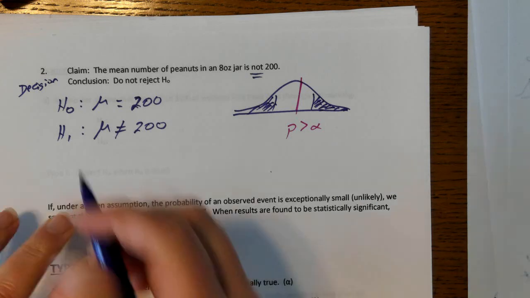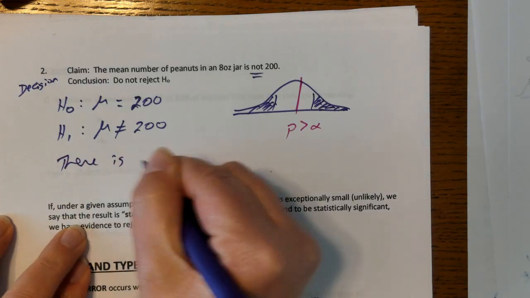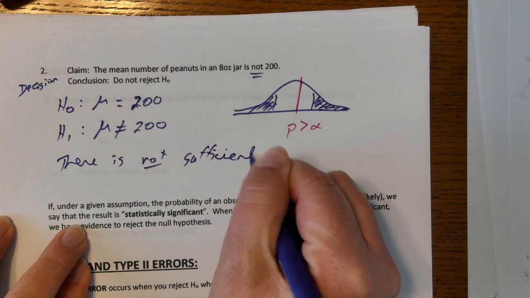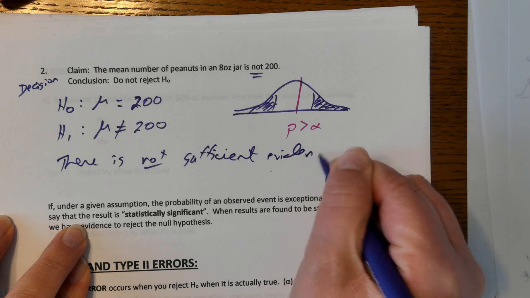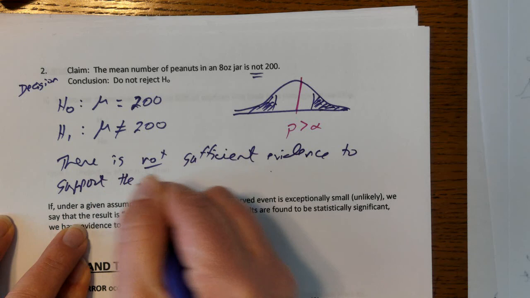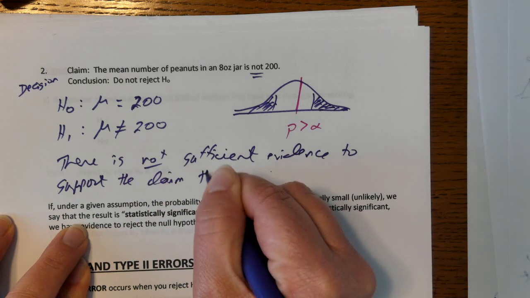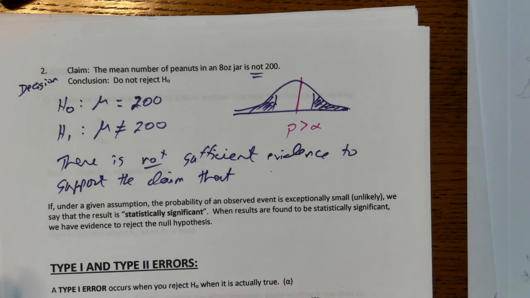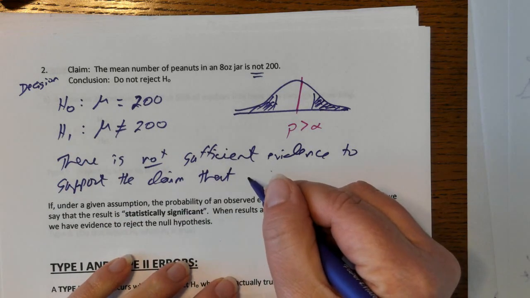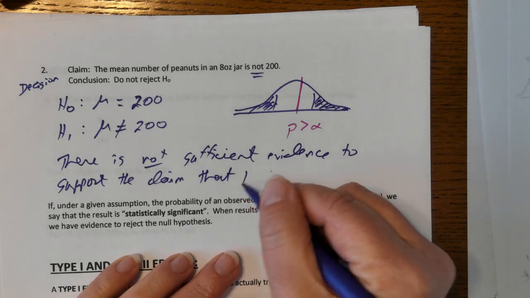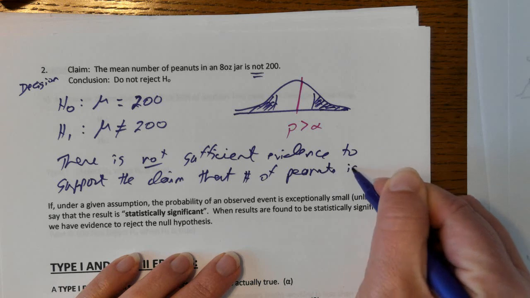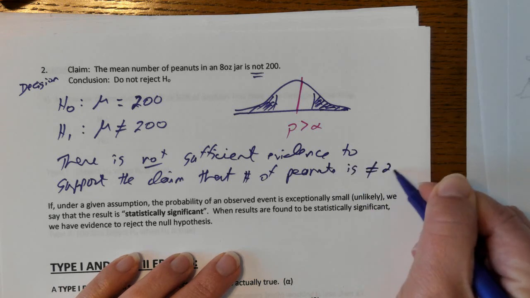So that means there is not sufficient evidence to support the claim that, and then go back and reread your claim. Our claim was that the mean was not 200. So the number of peanuts is not equal to 200.